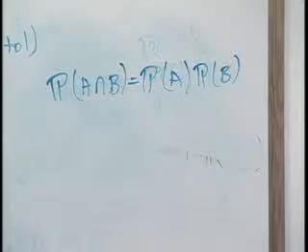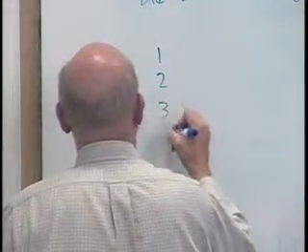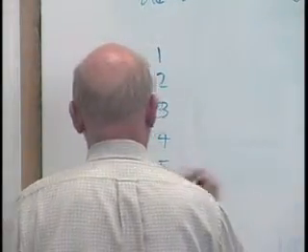So what we have to do is redefine the events A and B so that they're in the same event space. And here's a nice way to do it. The die roll can come out 1, 2, 3, 4, 5, 6.